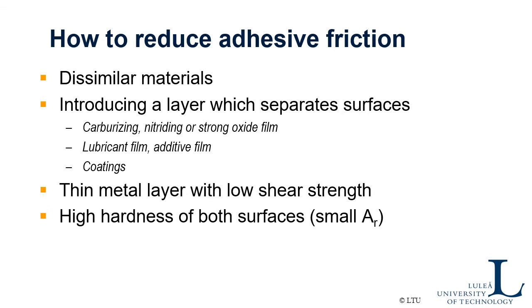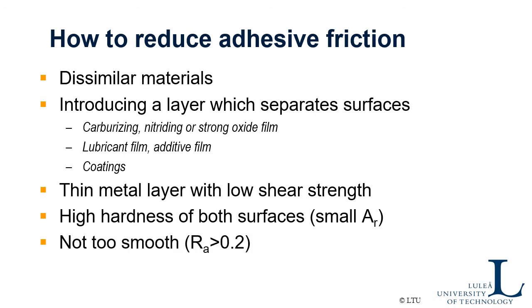You could also maintain a high hardness of both surfaces, because then you keep the real area of contact small, and there are always only small spots where the adhesive forces can play a role.